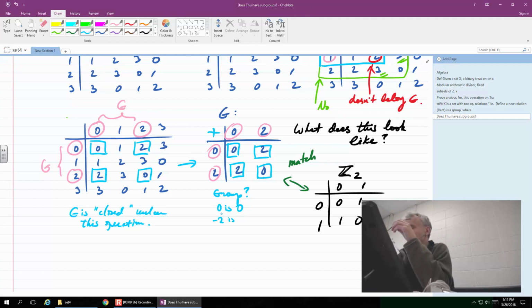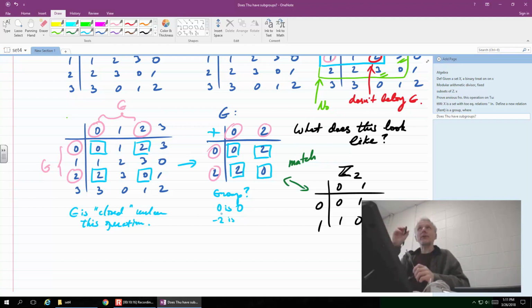It has to cancel the element itself. So, what's the formula? x plus negative x equals 0. So what do you have to add to 2 to get 0? Negative 2. Okay, but there is no negative 2 on the list.